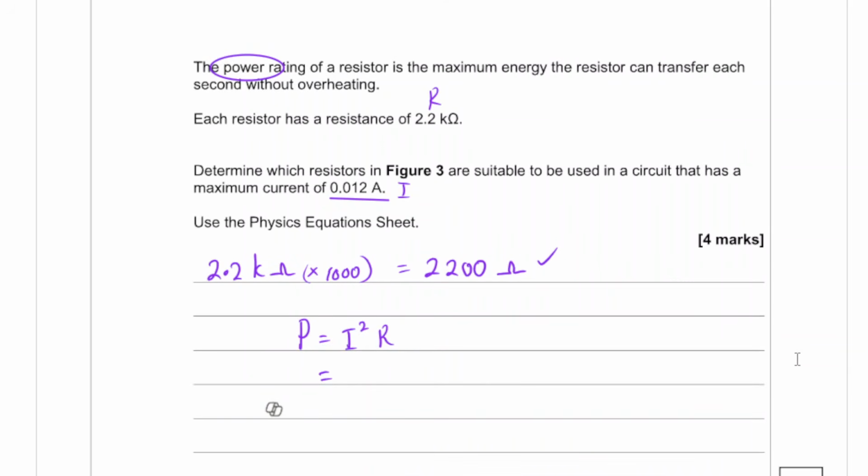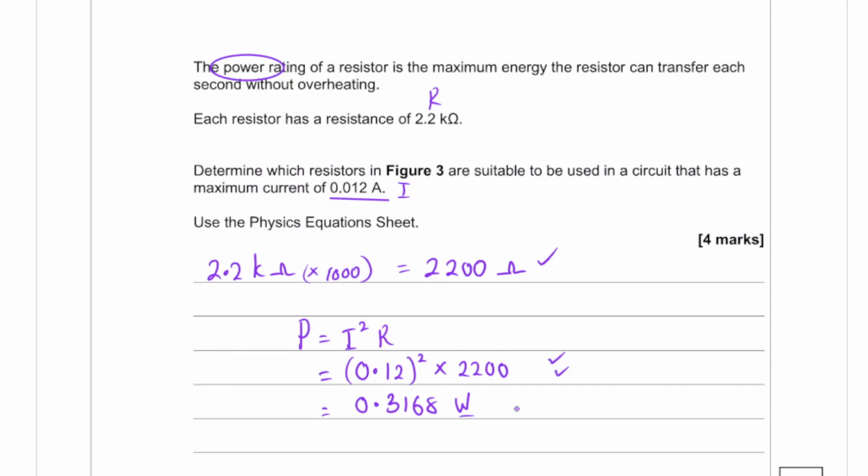Yeah. So 0.012 squared multiplied by 2,200 would give you a power of 0.3168 watts. So this should give you 2 marks for the equation, substitution, and the answer.